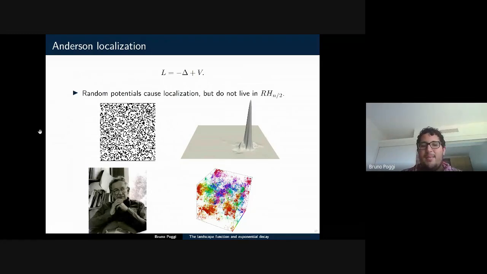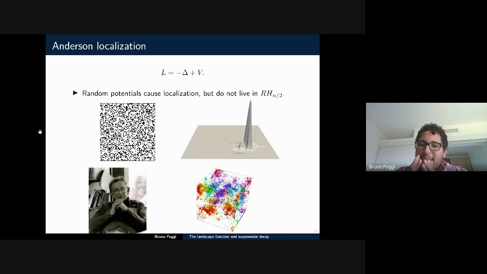On the right side, what you have drawn is an eigenfunction, one with low energy, one of the first eigenfunctions. And as you can see, the eigenfunction is localized. It's not spread out throughout the domain.